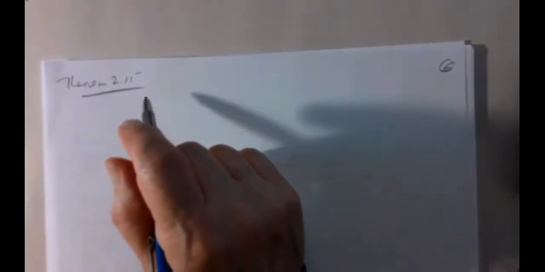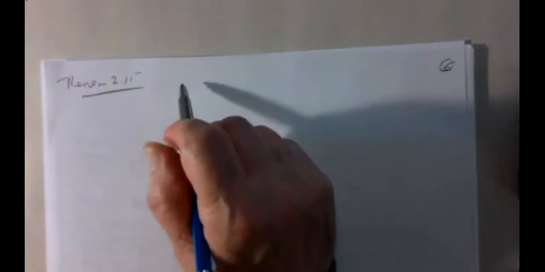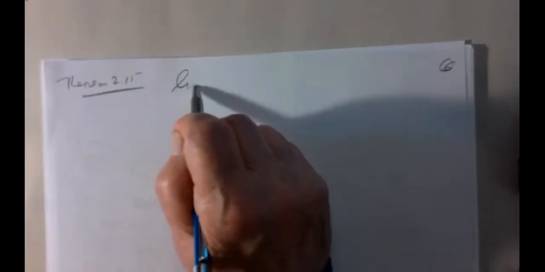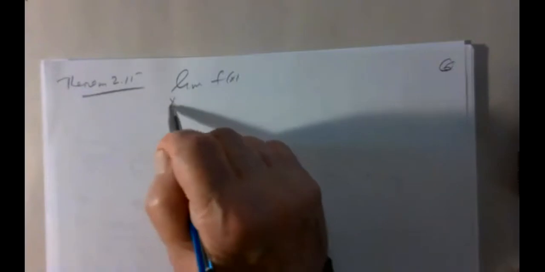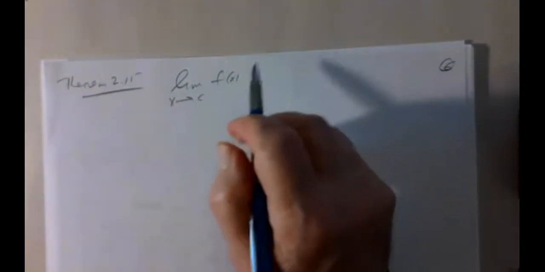So this is a theorem which says the following. Suppose we have functions f and g, and the limit of f of x as x approaches the number c is infinity, and the limit of g of x as x approaches c is some number L, which is not infinity, it's a real number L.